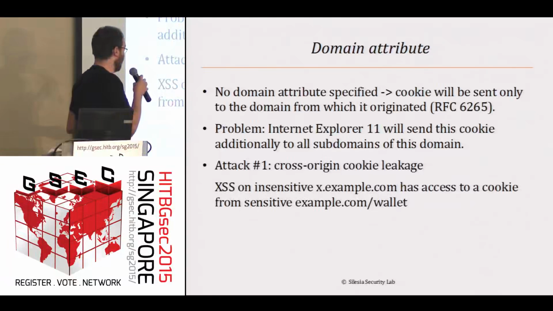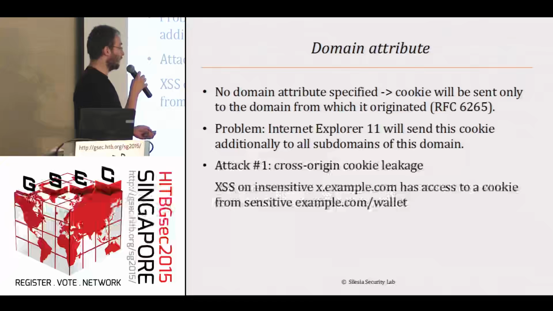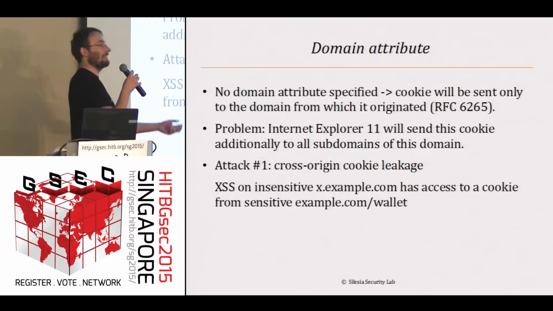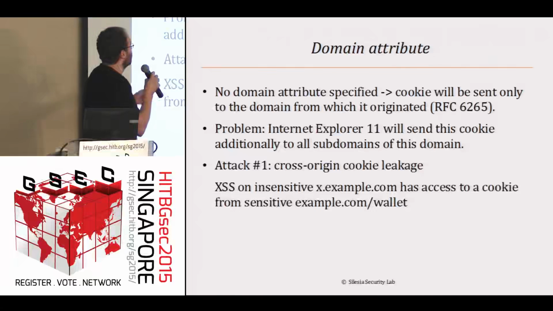So in this case, if we have XSS on x.example.com, it will be able to read a cookie that should be limited only to example.com, because Internet Explorer 11 will allow it to be sent due to this problem, because it does not support this part of the RFC, okay?